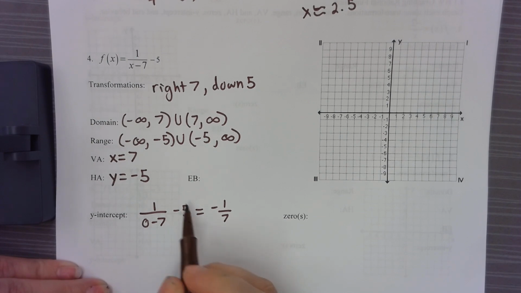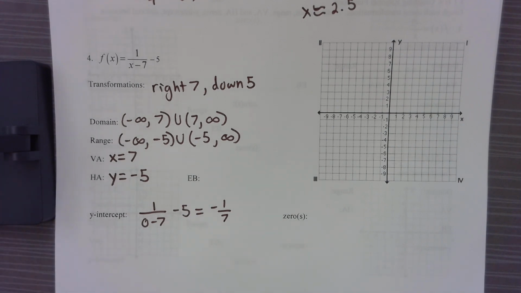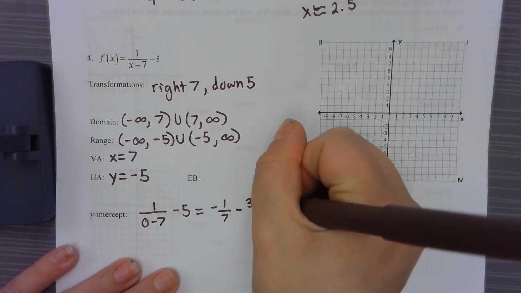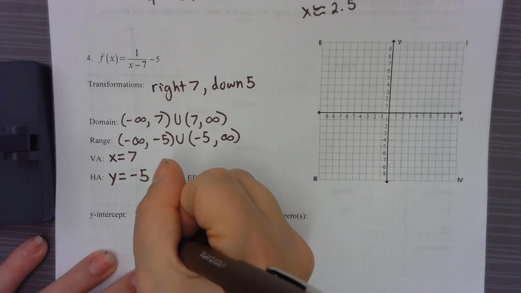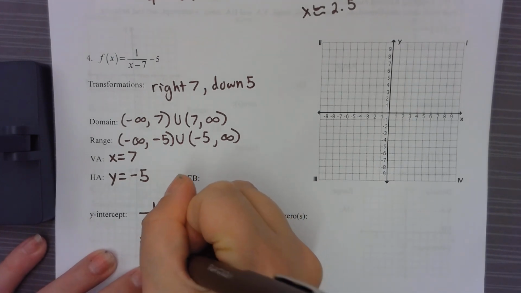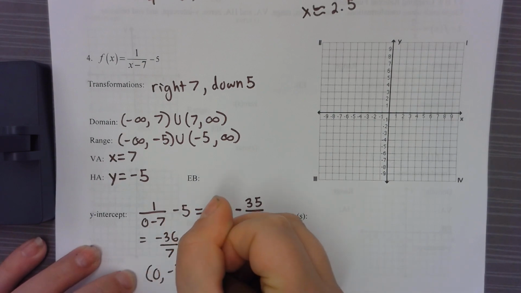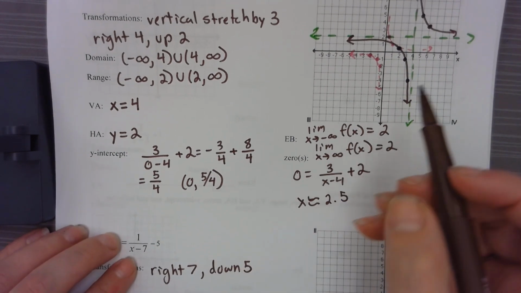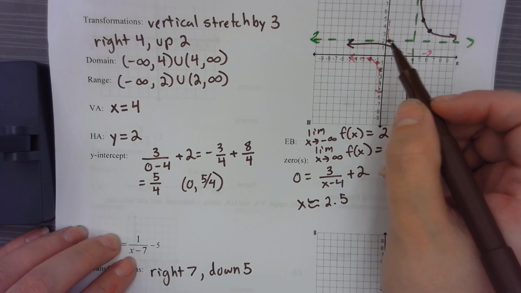And we'd have to rewrite 5 as a fraction. So we're going to write that as negative 35/7. So then this would become negative 36/7. And so that's going to be our y-intercept. And we can also kind of check our y-intercepts. Like our last y-intercept was 5/4, which is like 1.25, and that looks roughly correct on our graph.